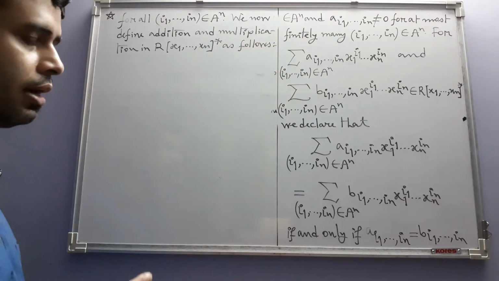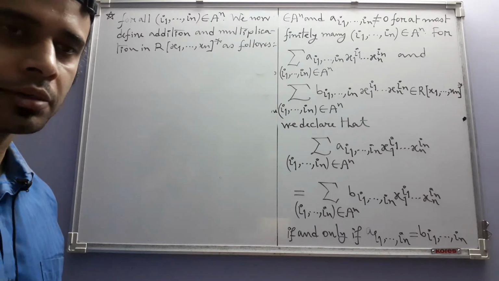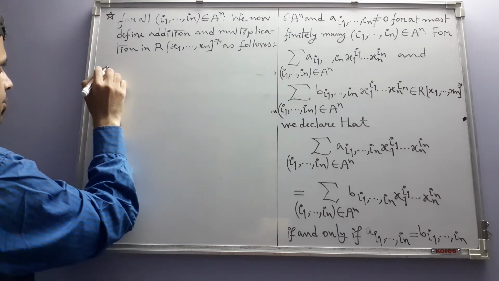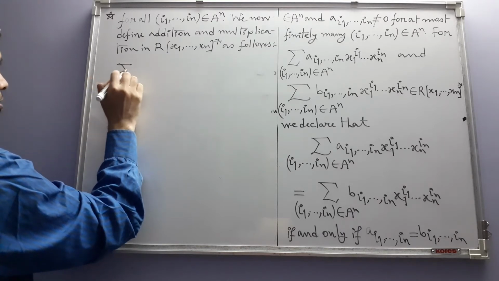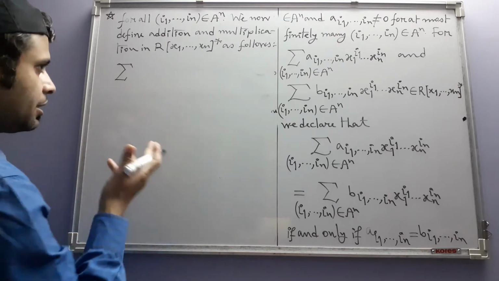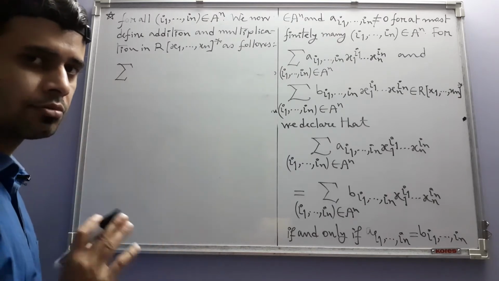We are now going to add two such symbols and multiply them. Addition will be quite straightforward. Multiplication is a little bit difficult, but we will take our cue from the single variable case.